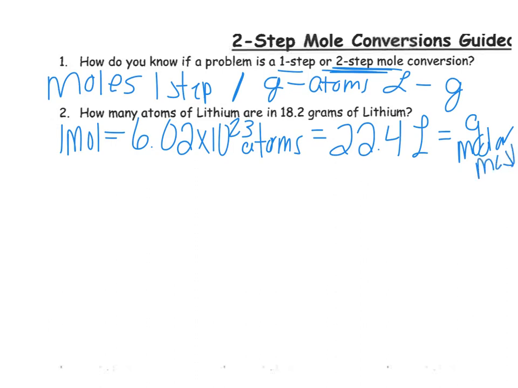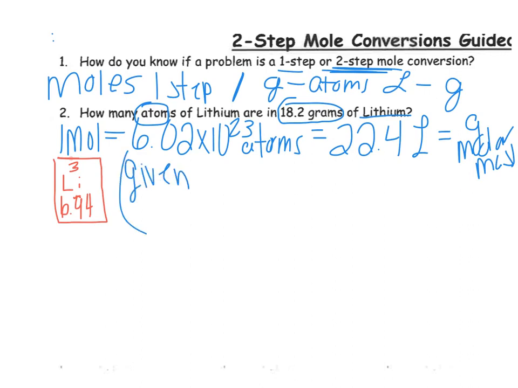Okay, so here in my problem I have how many atoms are there in 18.2 grams of lithium. If I look at lithium on the periodic table, it's going to tell me that its atomic number is 3 and its atomic mass is 6.94. So we're going to follow the same pattern.